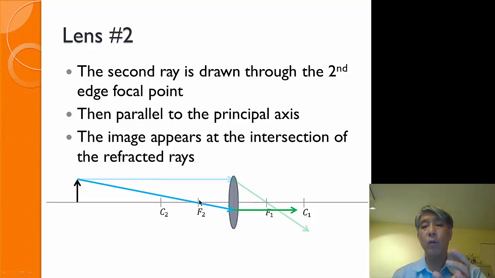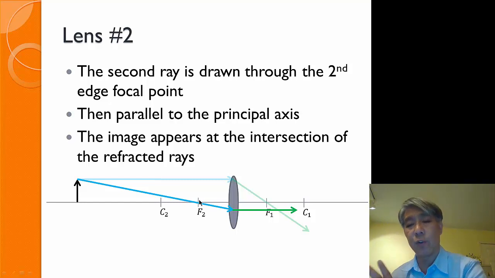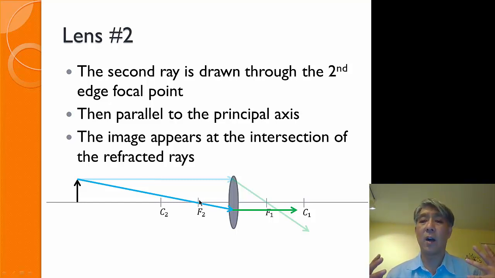And where those green rays, the refracted rays, intersect, remember, it's the refracted ones, not the originating ones. I highly recommend keeping the two colors until you get more comfortable with your ray diagrams. And most of us won't get comfortable with our ray diagrams by the time the final exam comes around.